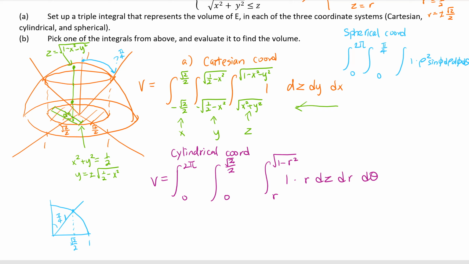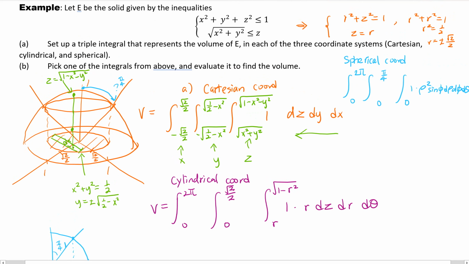And then how about our rho? Well, the rho is from 0 to 1, right?